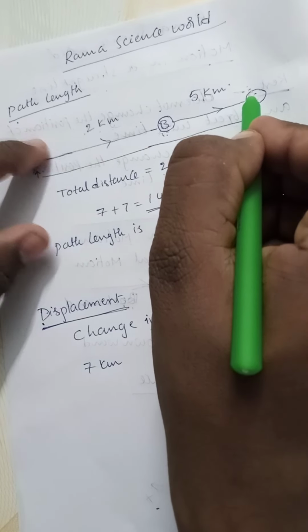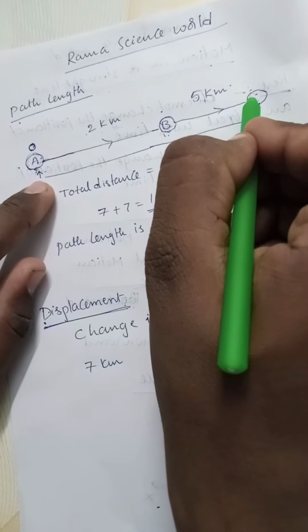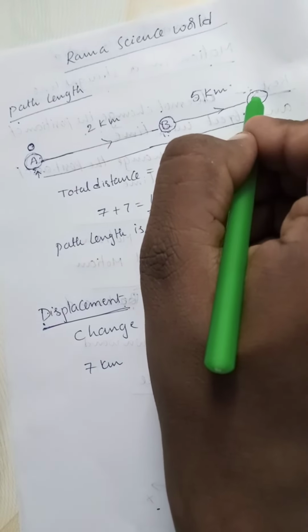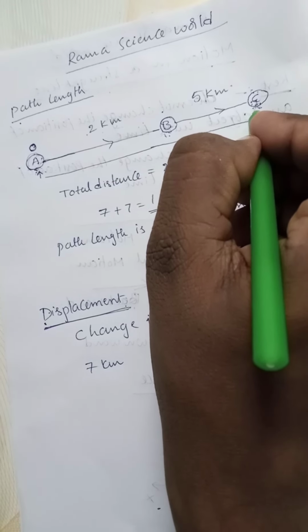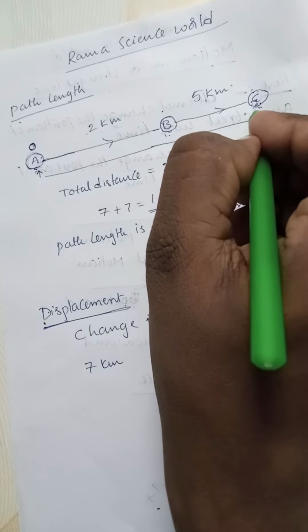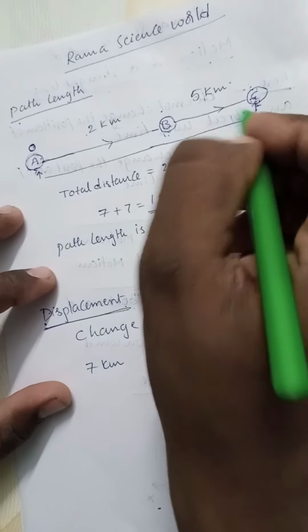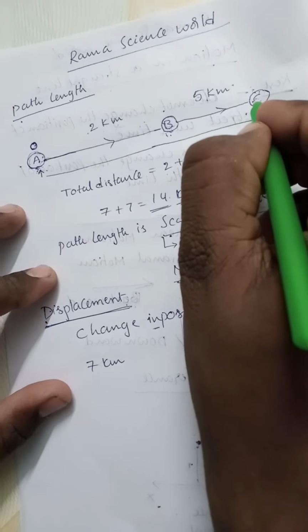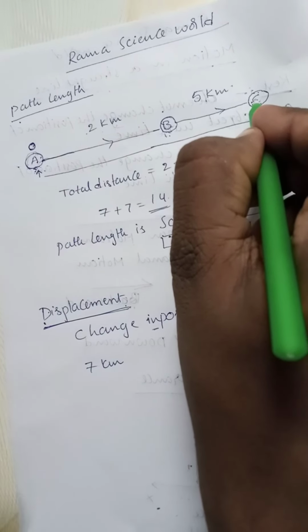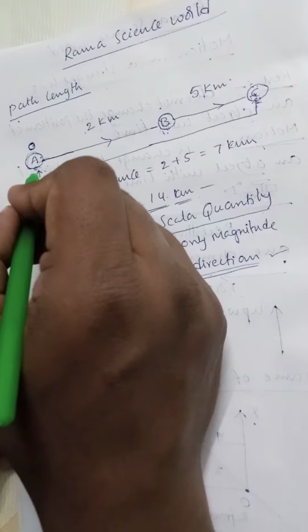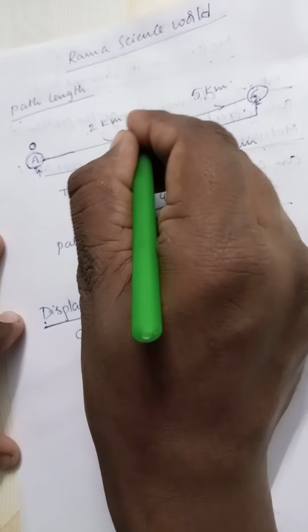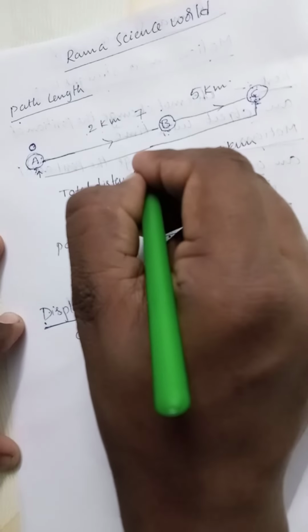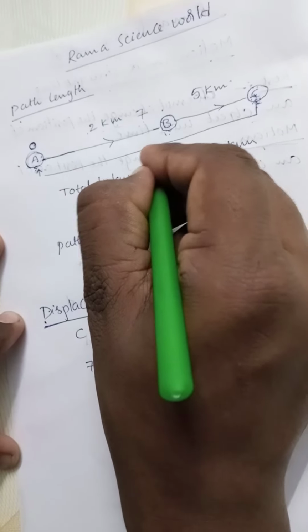So here path length and displacement are the same, but after that the person decided to go back to the original position. In this case, this is the positive value. After that he takes the reverse path and reaches A. So 7 is first, after that minus 7 is next.